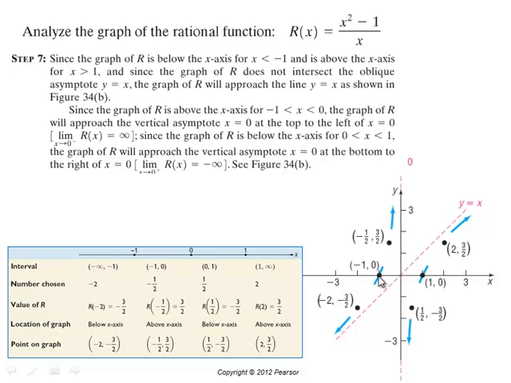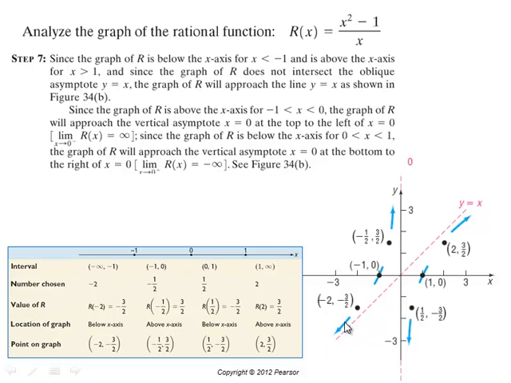And then on the interval from negative infinity to negative 1, the function's negative. So this tells us, because we have this oblique asymptote, that as x goes to negative infinity, the function will go to negative infinity in the direction of this line.